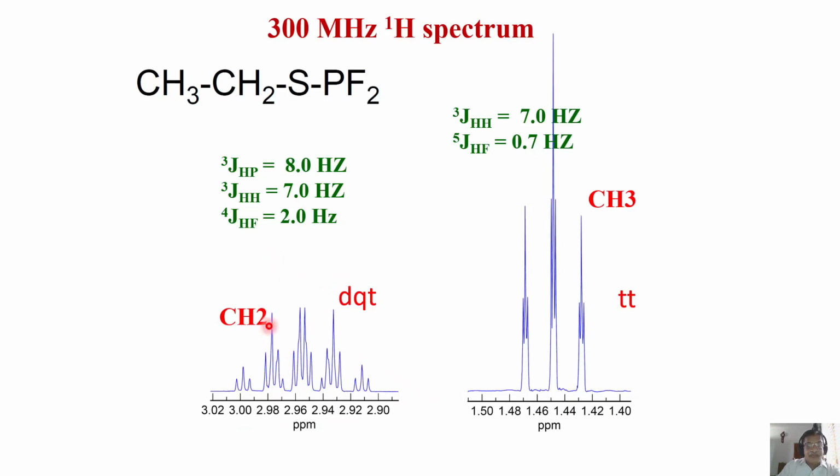First doublet is from center of this to center of this, and now the quartet comes because of CH3, 1, 3, 3, 1, another quartet overlapped, and each line of this is a triplet, which you can clearly see very nicely. All multiple heteronuclear couplings can easily be extracted from this.